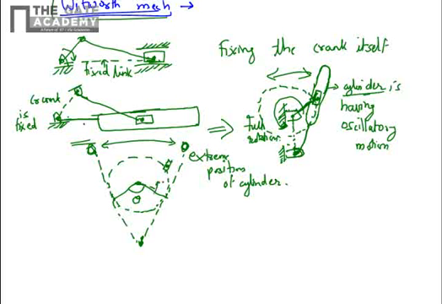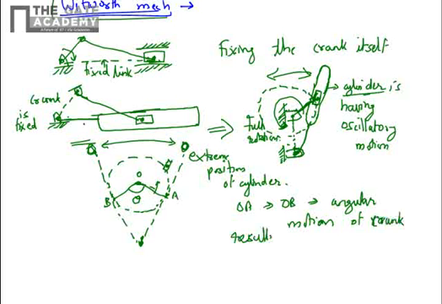When the crank is moving from this position, say A, OA to B, OA to OB, the angular motion of crank results in forward motion of the cylinder.